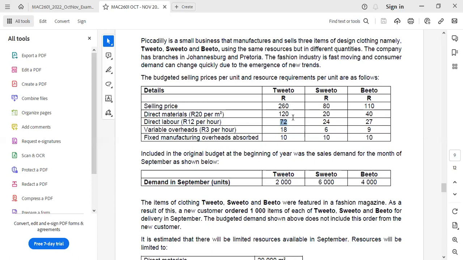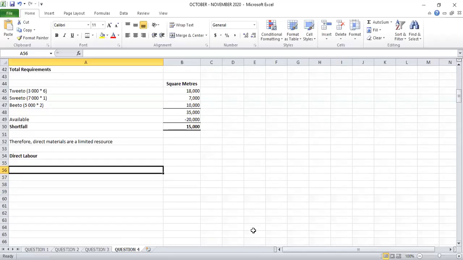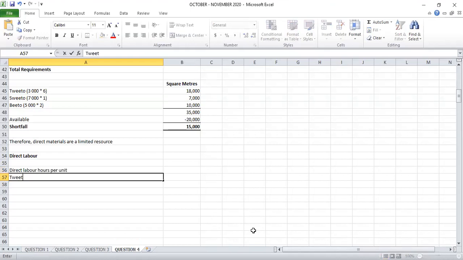So we can say direct labor hours per unit. Twito, we would say 72 divided by 12, which is equal to 6 hours.